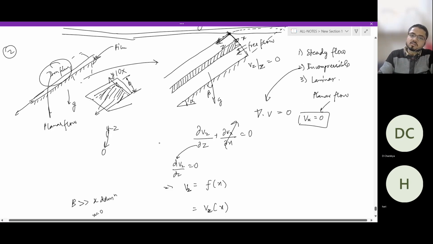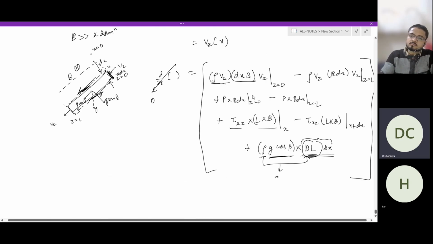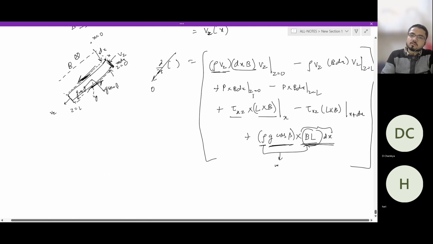Yes, because this case is identical to when you drop a ball from a tall building. So in this case, you take u equals 0. So this part becomes 0. And this is something we do not know, Vz at z equals L.